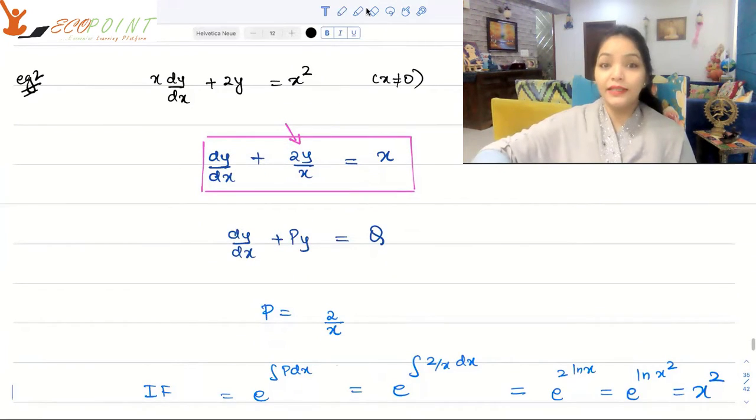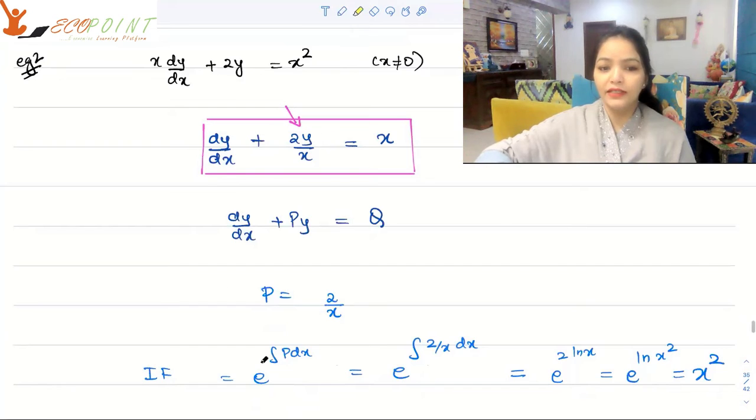So the integrating factor is e to the power integral p dx, which means e to the power integral of 2 by x dx. So it is e to the power 2 times log x, because the integral of 1 upon x dx is log x.